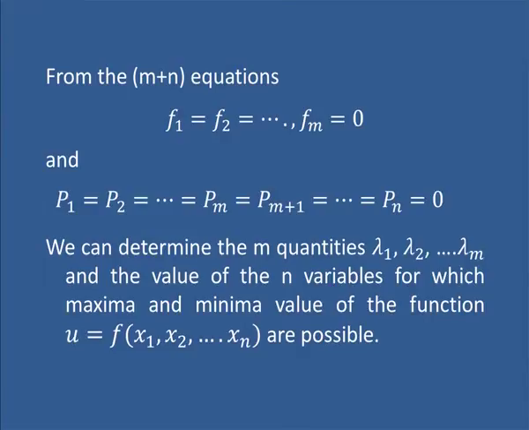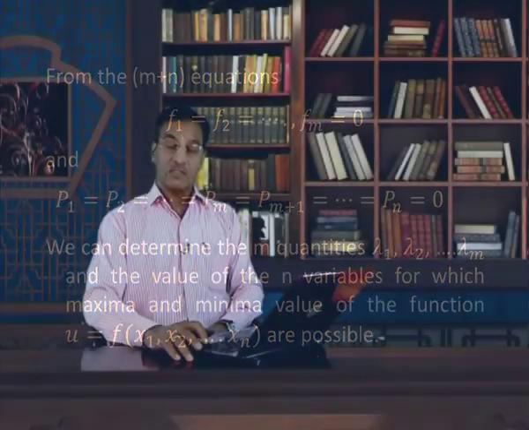We can determine the m quantities lambda 1, lambda 2, up to lambda m and the values of the n variables for which maxima and minima values of the function u equal to f of x1, x2, up to xn are possible. These coefficients lambda can be obtained by solving these equations.